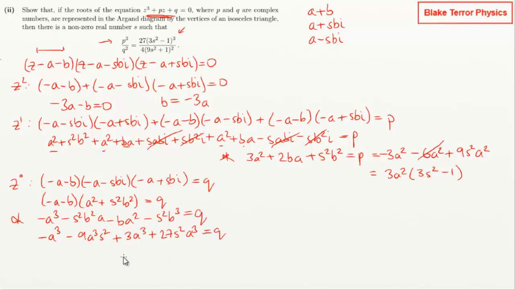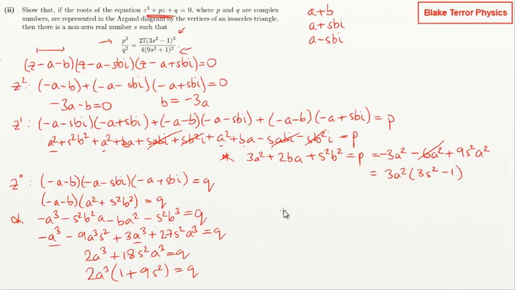So for a cubed, I've got 2a cubes there. Let's deal with that and that. And then I've got 18s squared a cubed is q. So I can factorise the 2a cubed, 1 plus 9s squared, which also fits with what I've got on the denominator. Excellent. So that's q.